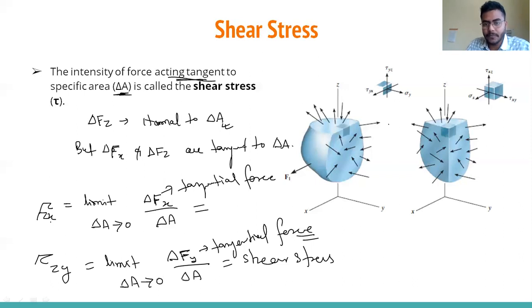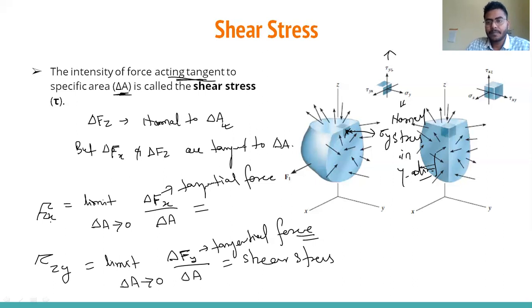Okay, now you can see in the figure. Again, we have cut the section. On this area, whatever normal stress comes, that is sigma y. This is the normal. Along the x, y direction, here is tau yz.